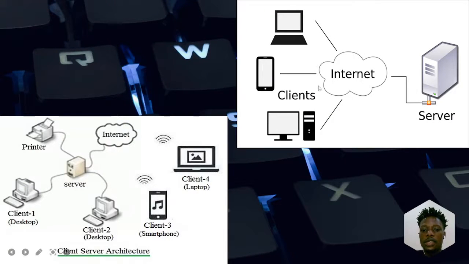So here, this is the difference between a client and a server. Now I'm going to explain. This is the client and this is a server. Your PC, your desktop, your phone, they are all clients. The browsers in them are clients.